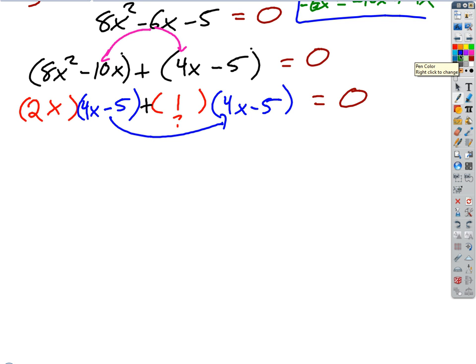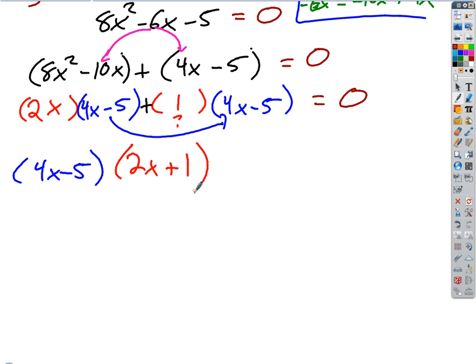The blue factor is common, so I can undistribute it from each of those two groups. Then all we have to answer is what's left over from each group. From the first group, when I pull this away, I'm left with a 2x. From the second group, I'm left with plus 1.